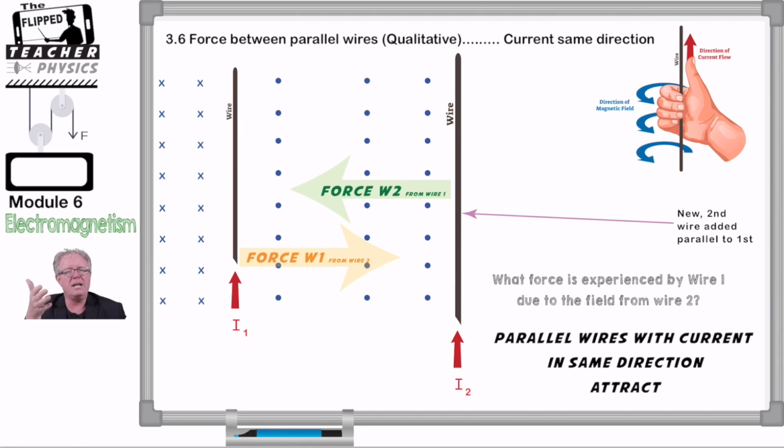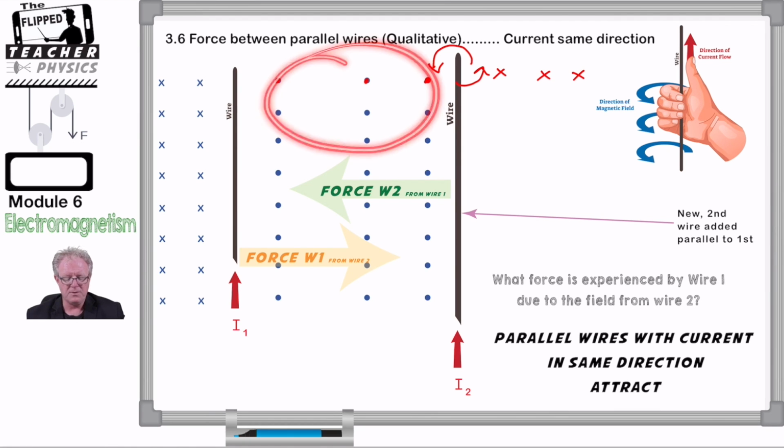If I use my right hand grip rule now, and I put my thumb in that direction, my fingers will curl around, which means that the field from wire 2 comes out of the page like that and into the page on the other side.